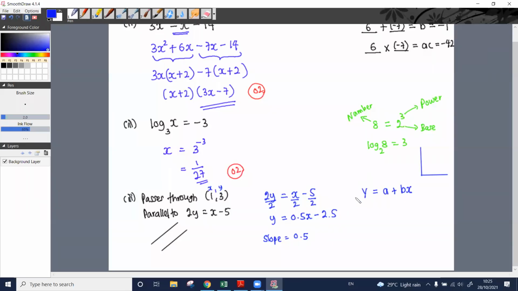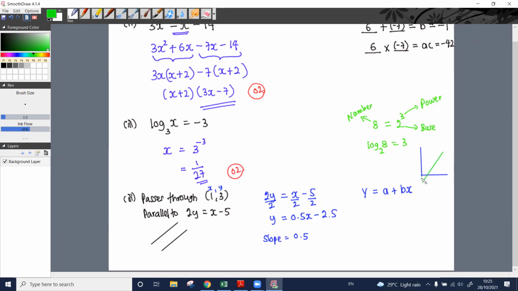The slope value is positive, 0.5. It means the line should move upward. So here we will get something like this.